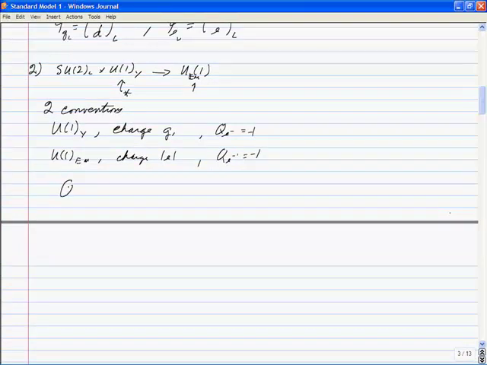Okay, so in general the electric charges, this is the E and M of some particle i, will be related to the isospin quantum number, called T3_i, plus in general B times the hypercharge quantum number.